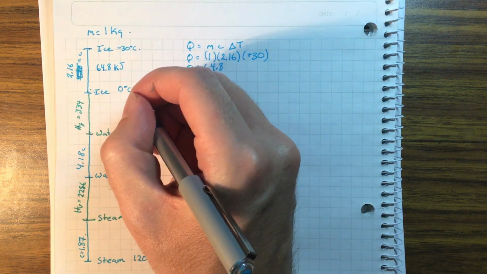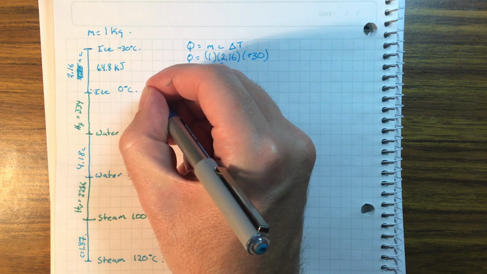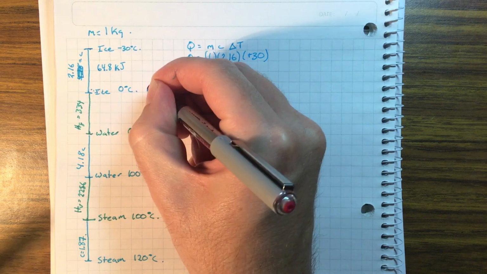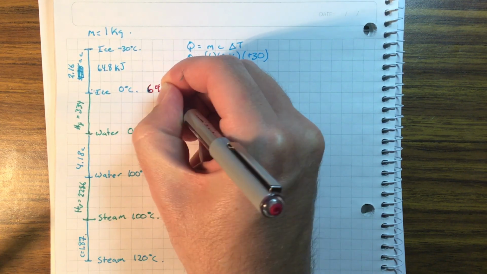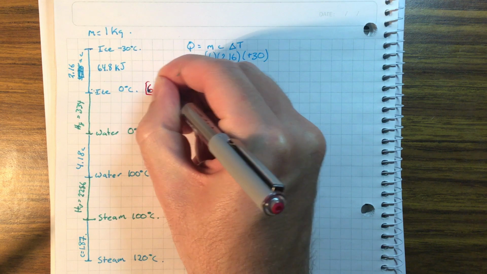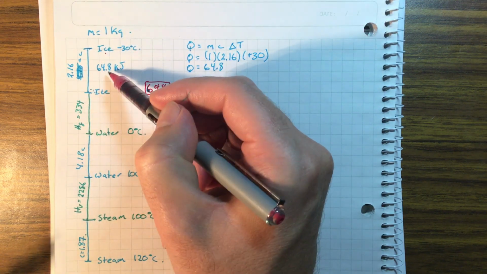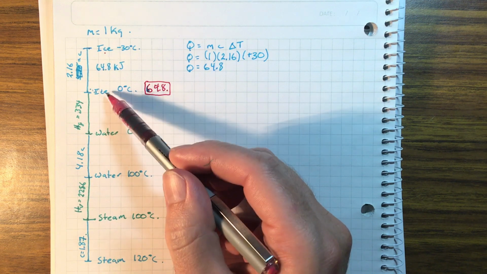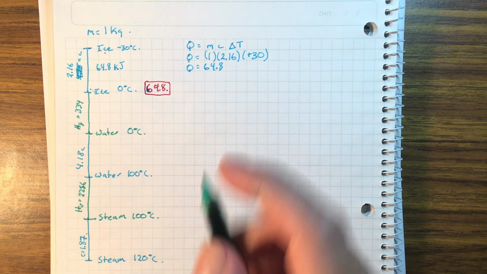Over here, beside this, I'm going to write the total amount that we've added, 64.8. This is the total so far. So to go from here to here, we had to add 64.8 kilojoules. Now, how much do we have to add in to go from here to here? Well, let's do that formula.